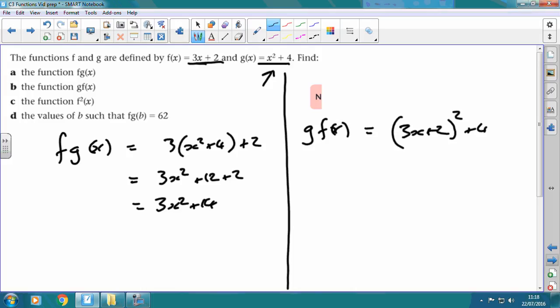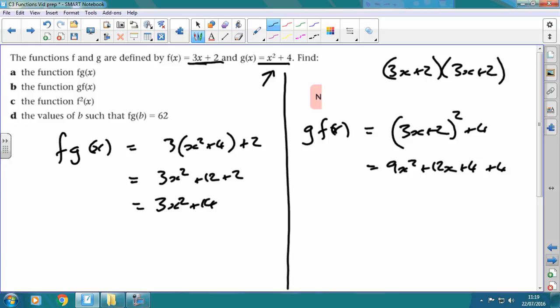So that's what we mean. We take our f of x and substitute it into our g of x. So if we do that, that's going to be 3x plus 2 times 3x plus 2, and if you're not sure on doing that, that leads us to 9x squared plus 12x plus 4. Then we add the 4, which equals 9x squared plus 12x plus 8.